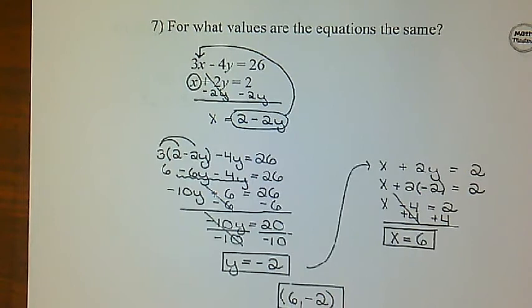We solved for x right here, and this is the first equation. This is the second equation. We saw that there is a coefficient of 1 in front, so that's why we solved for that. So this equation becomes x equals 2 minus 2y. So I substitute that into the first equation.